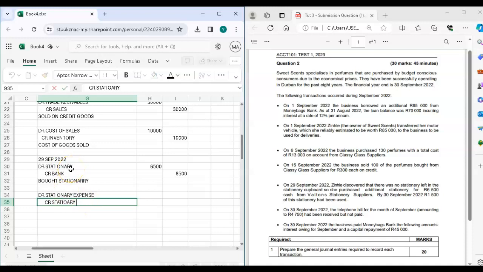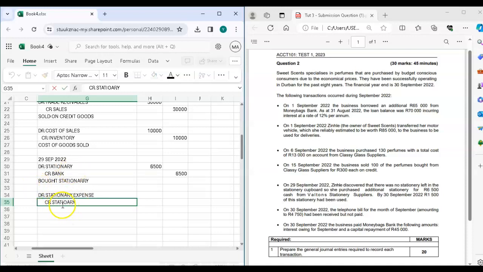You bought stationery, so imagine all the stationery in the cupboard. Now, when you use some stationery from the cupboard, won't the cupboard have less stationery? So that is why you're saying, okay, I use the stationery expense. This is how much I pull out from the cupboard. But also credit my stationery asset, because I took that stationery out of my cupboard, so I have less stationery.